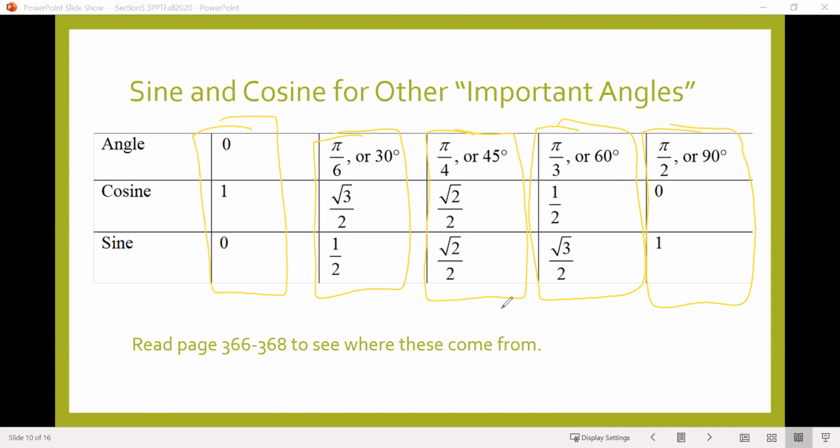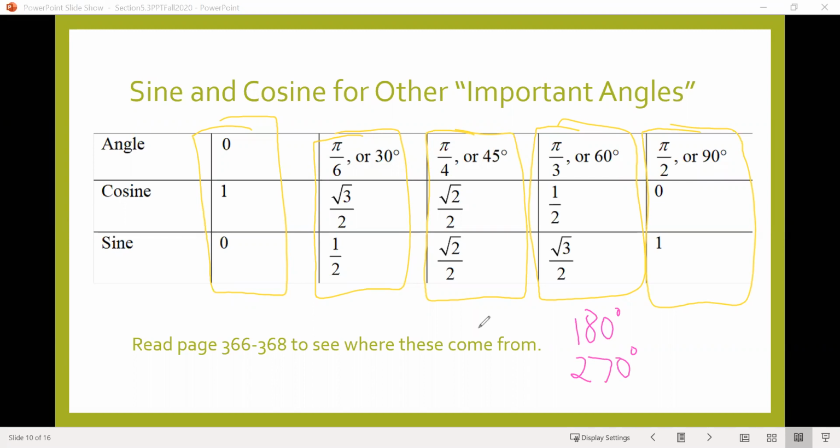And then some additional ones you're going to end up memorizing will be for 180 degrees and also 270 degrees. Again, these are ones you're going to have to commit to memory. They will eventually relate to this thing called the unit circle that we're going to learn. We'll go over more about how this relates to the unit circle in later videos.